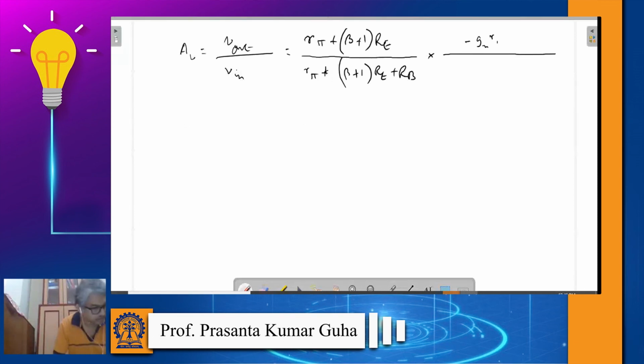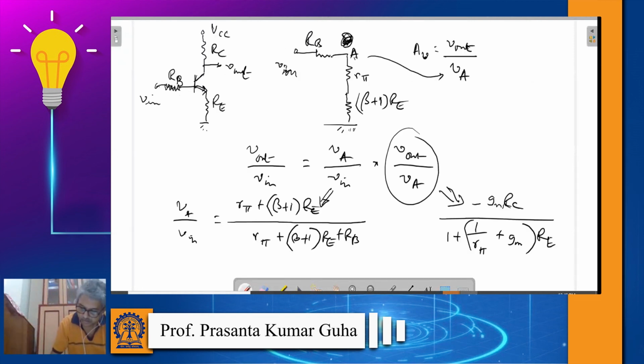If you carefully check the previous slide, you just multiply this R pi, you will have GM R pi on top.